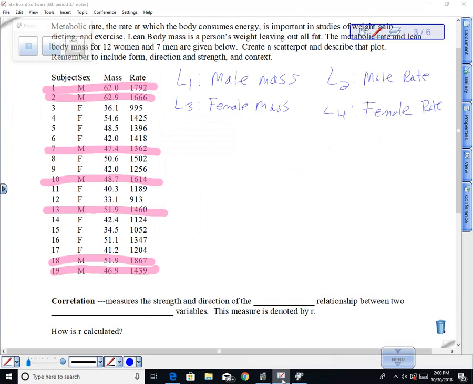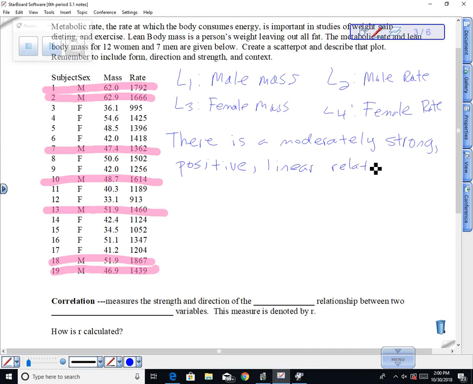I'm going to say there is a moderately strong positive linear relationship between mass and rate.